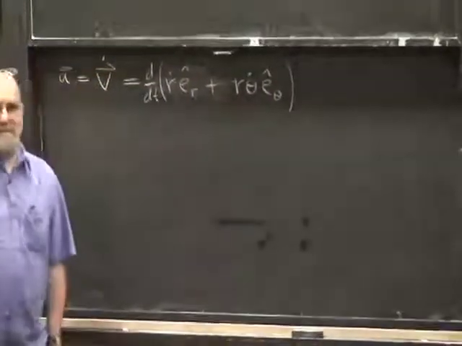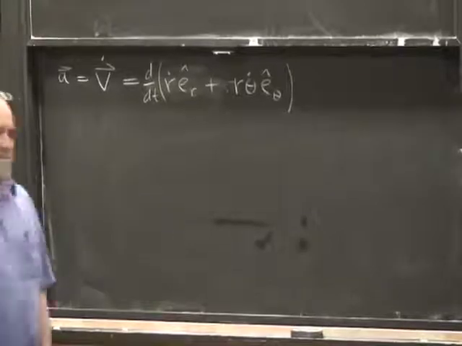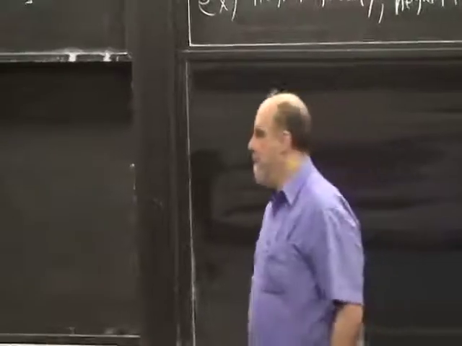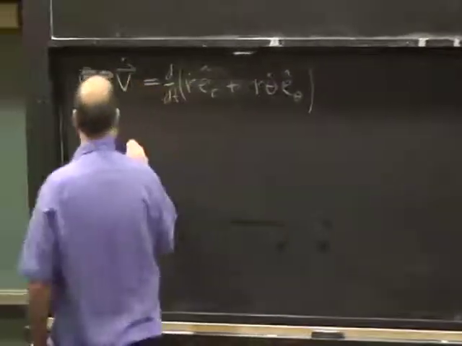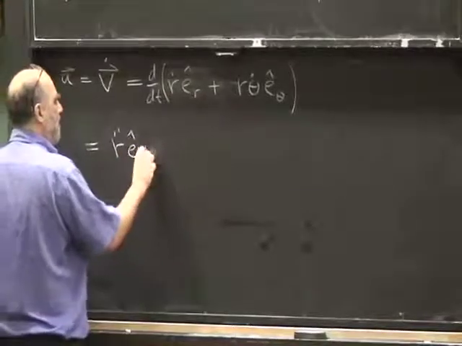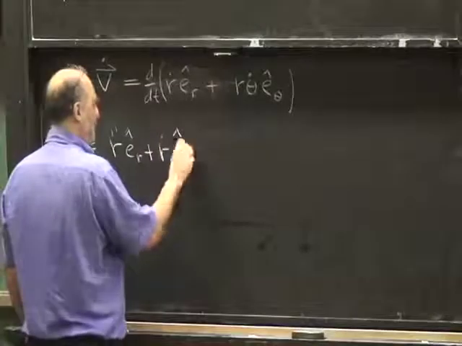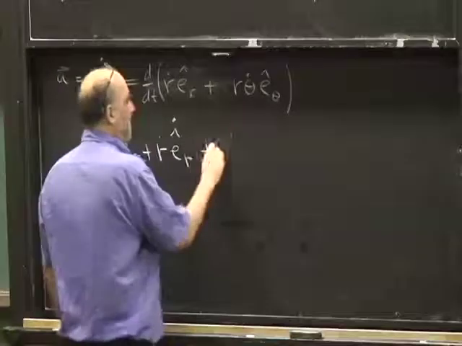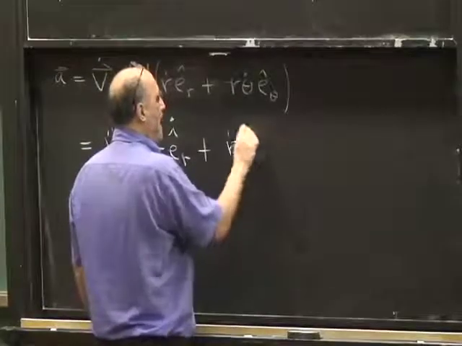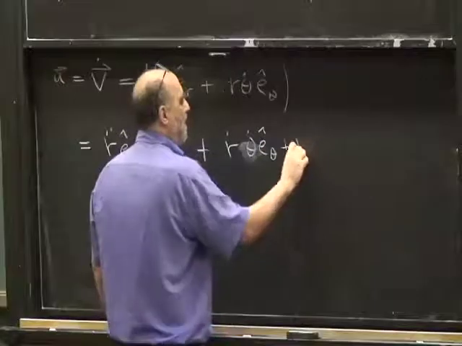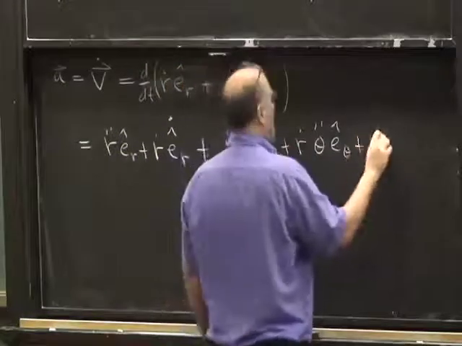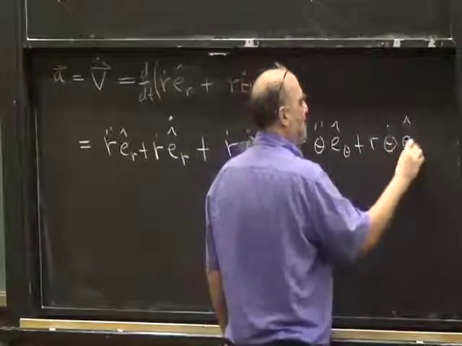But all of these things are changing in time, so I have to use the product rule, and in that second term, I have to use the product rule as a triple. Okay, so what does this turn into? It turns into r double dot e sub r plus r dot e sub r dot plus, and now we have to do the product rule triple here, r dot theta dot e sub theta plus r theta double dot e sub theta plus r times theta dot e sub theta dot.